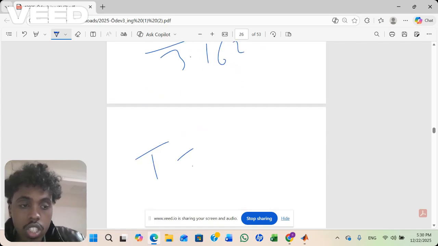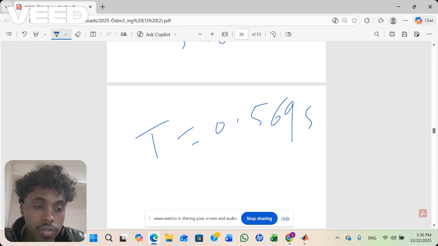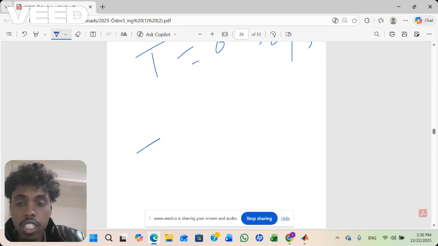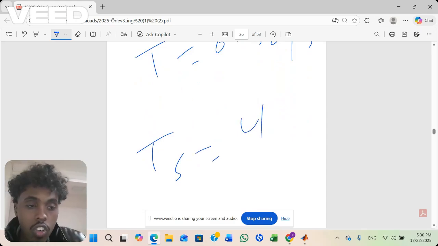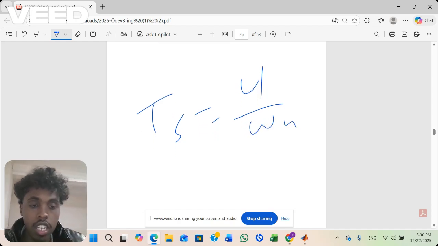So Tr is 0.569 s. So Ts is 4 over zeta omega n.